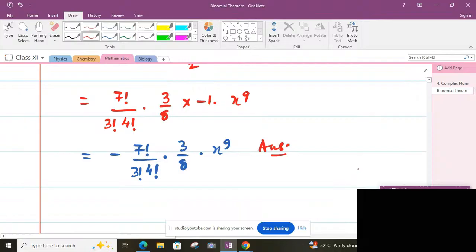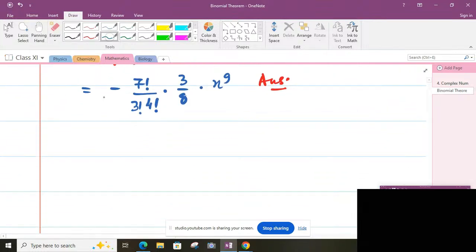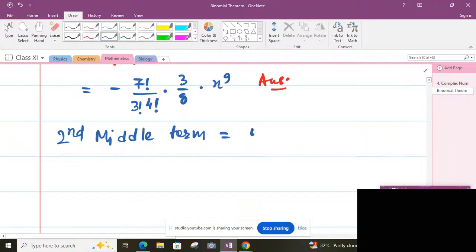Again we find out similarly T4 plus 1, which is the fifth term, the second middle term, equal to fifth term. So here will be direct 7C4, we write down here a to the power 7 minus 4 into b to the power 4.